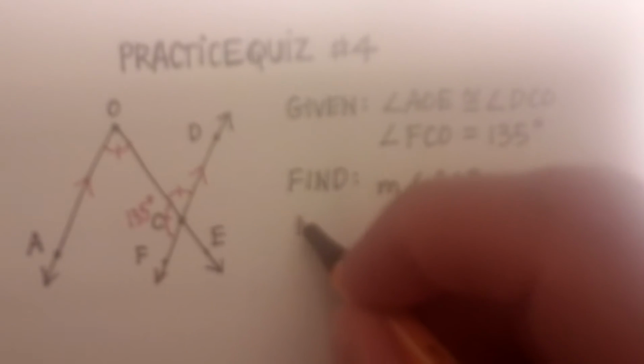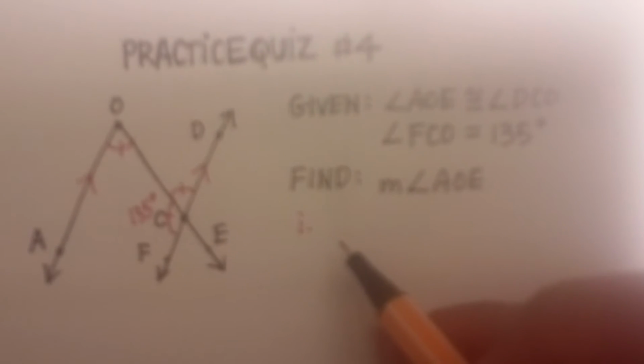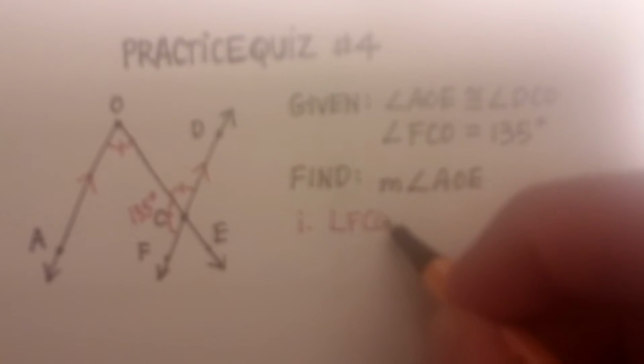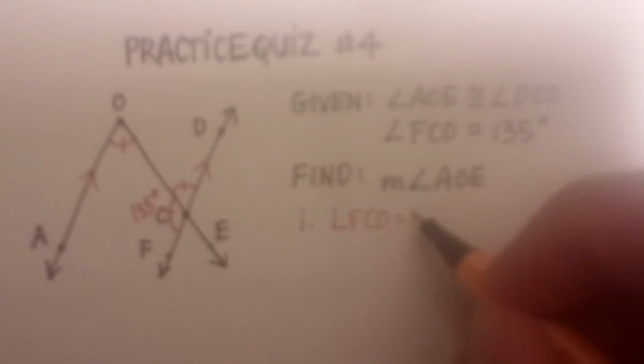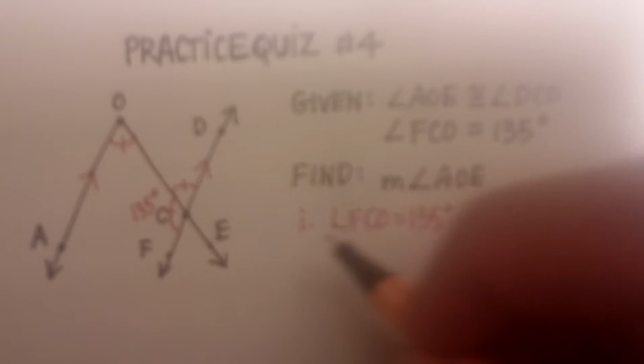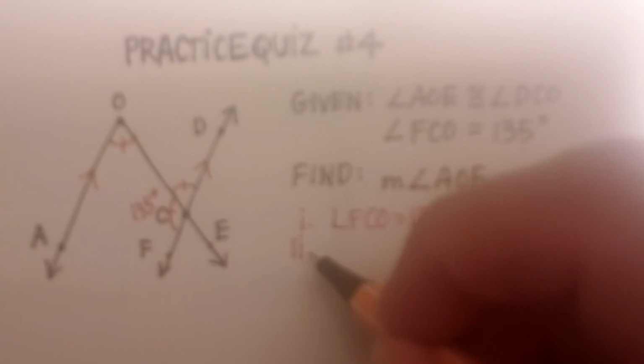So the first step, and again, I'm going to organize this using my Roman numerals. I know that angle FCO equals 135 degrees. That's a given. I'm going to just say given over here just so I can show my teacher that I know what I'm doing.